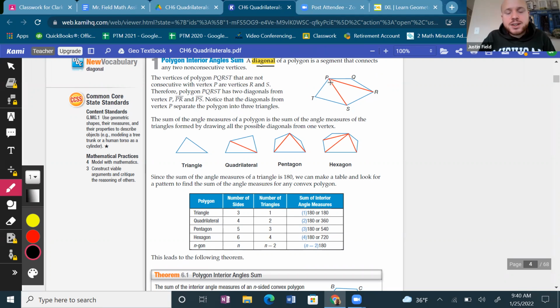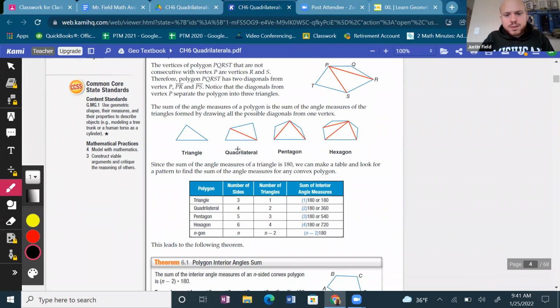A diagonal is a straight line you can draw in the polygon that is not a side, but goes from one vertex to another. Sides go from vertex to vertex and make the polygon, and diagonals are drawn in the interior of the polygon.